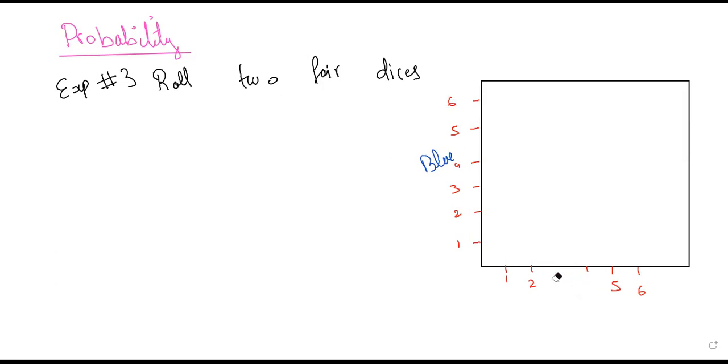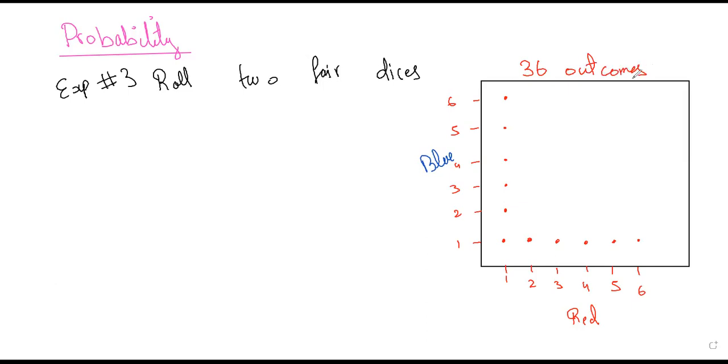Let me write this down neatly. It could be that you're getting 4 on the red die and 1 on the blue one, then 2 on the blue one, 1 on the red one, and so on. All these dots, you would have 36 dots because you have 36 outcomes in this case.